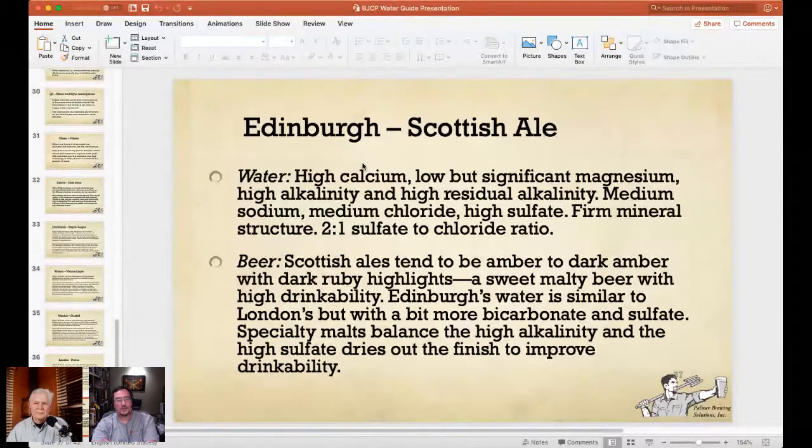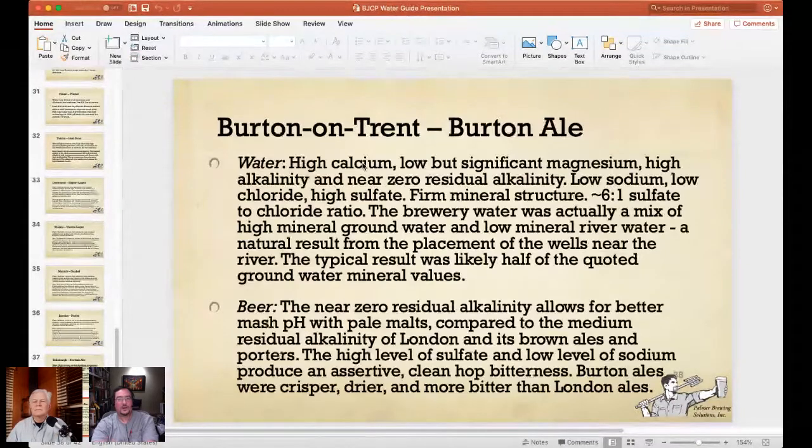Burton-on-Trent, we talked a little bit about. Very high mineral groundwater. If you look at the numbers, in either Brewing Water or How to Brew, you could practically build a house with it. It's so high in minerals. As Mitch Steele explains in his IPA book, the brewers were brewing from wells placed next to the Trent River, so the water they were brewing with was actually a mix of the high mineral groundwater and the low mineral river water.